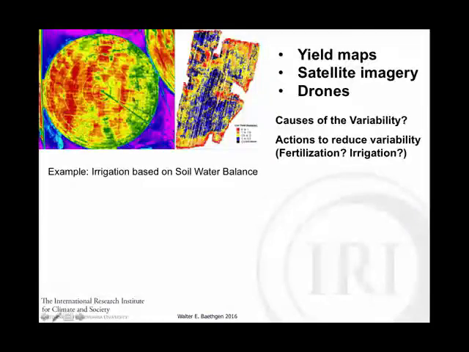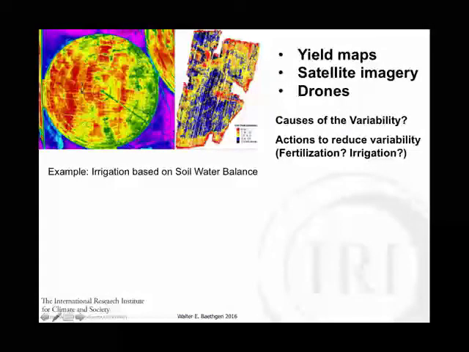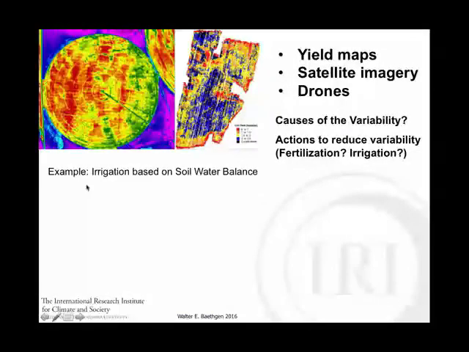As an example, the field in the upper left of the slide is, I think, an irrigated corn field. And irrigation in that field was based on soil-water balance, right? So when the soil water content reached 50% of the maximum available water, irrigation starts.